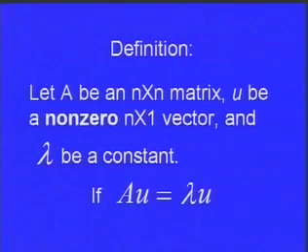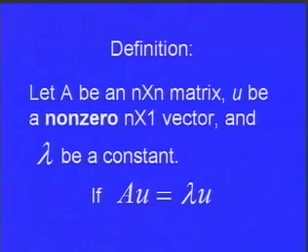If A times U is equal to lambda times U, now notice what that says. We have a whole matrix, A, which is an n by n matrix. We're going to multiply that n by n matrix times an n by 1 vector, U. Now remember, with the sizes corresponding like that, I'm going to get an n by 1 vector as my answer. So A times U is a vector.